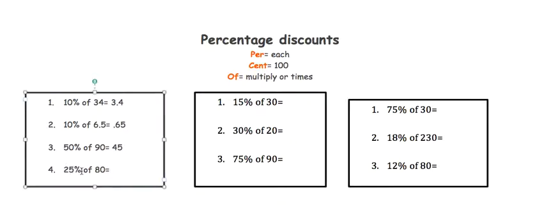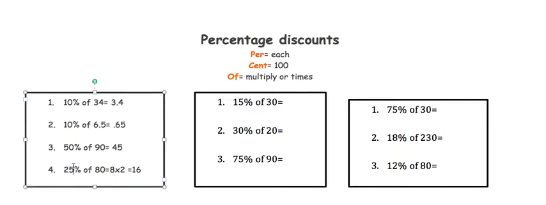Another way you could do this, if you wanted to use this method that I've told you about already, is to say, well, I know we're trying to find what 25% of 80 is. So if I can find out what 10% is, well, I know that 10% of 80 is 8. So 8 then times 2, because it is 25. 8 times 2 equals 16.